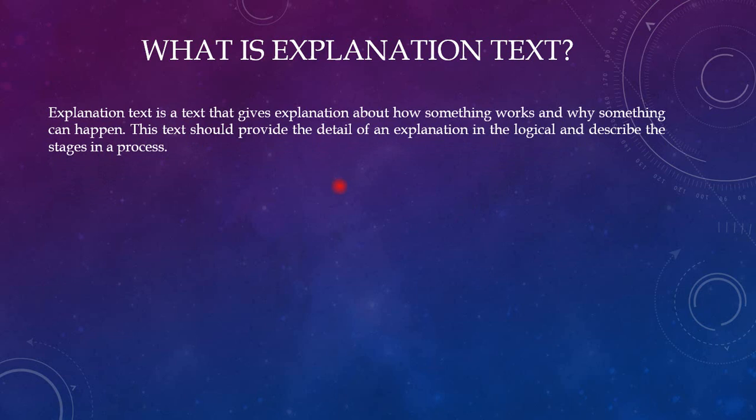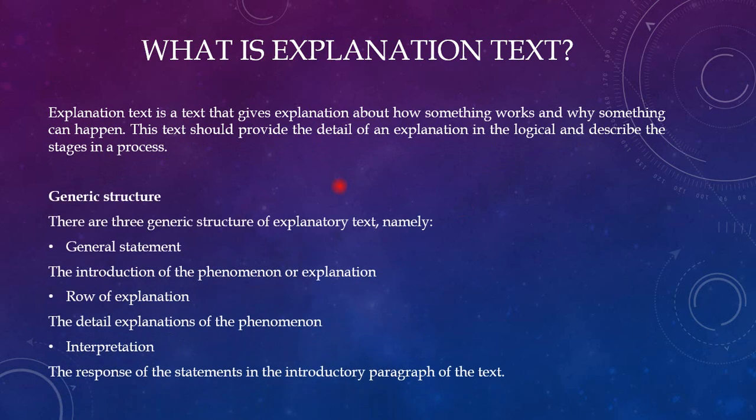Most of the time, explanation text is about a life cycle, like the life cycle of a cockroach, or a natural phenomenon, like how a flood can happen.